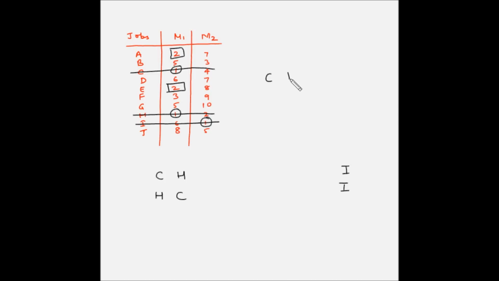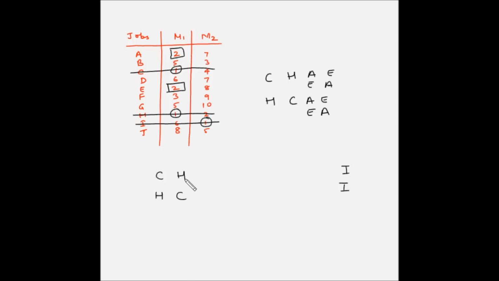So we had CH and HC. Now after CH, then either we can have A and then E, or we can have E and then A. And similarly with H at the beginning, HC, again the same combination, A and E, or E and A.